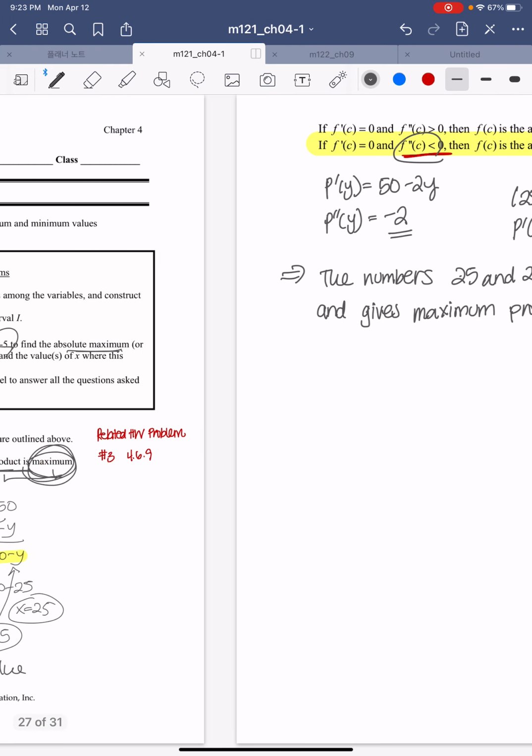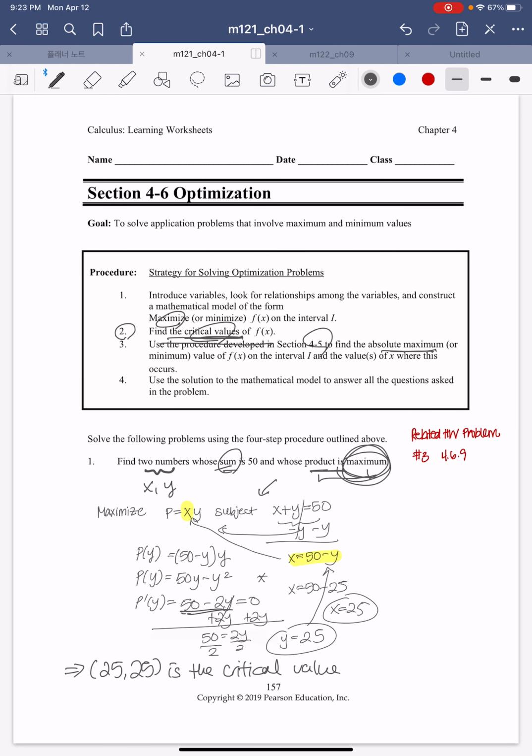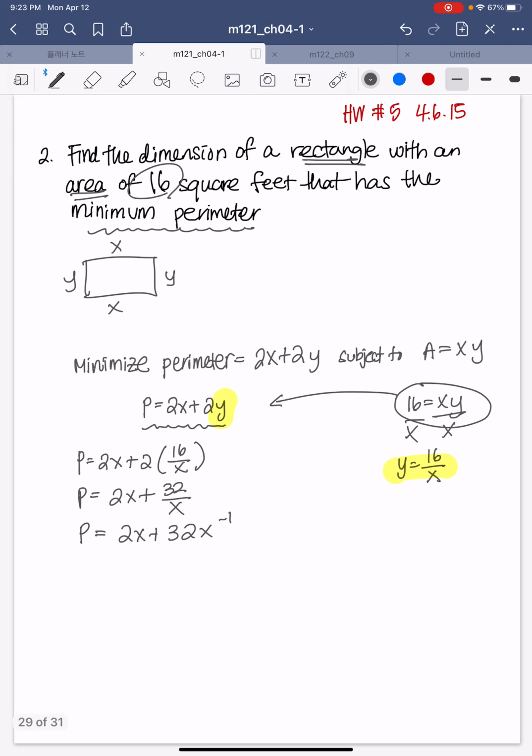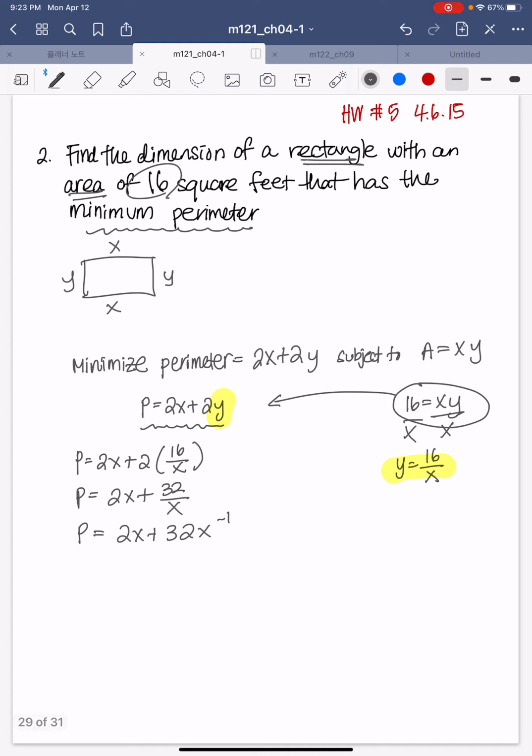Now, the second step tells us to find the critical point, that is, where the first derivative is equal to 0. We want to find the x value where it's equal to 0. So let's find the first derivative. That will be 2 minus 32x to the negative 2, right? Negative 1 comes down and then subtract 1 from the exponent.